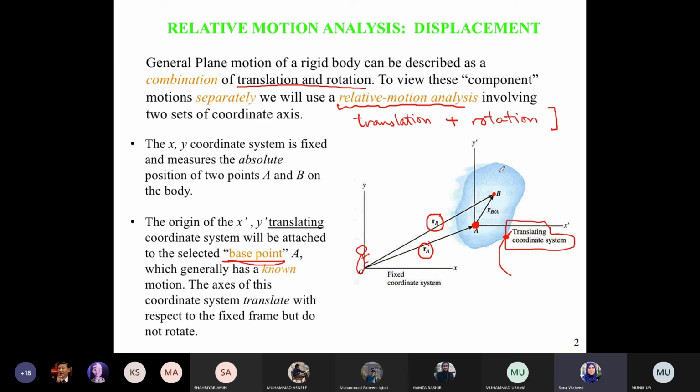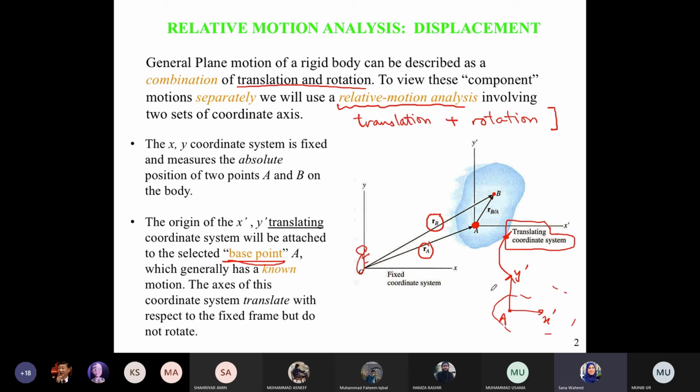No matter how the rigid body rotates, maybe later its direction rotates like this or something, what I'm going to do is always place my translating coordinate system in the same orientation as it was before. That is, I'm only going to translate this frame of reference, nothing else.